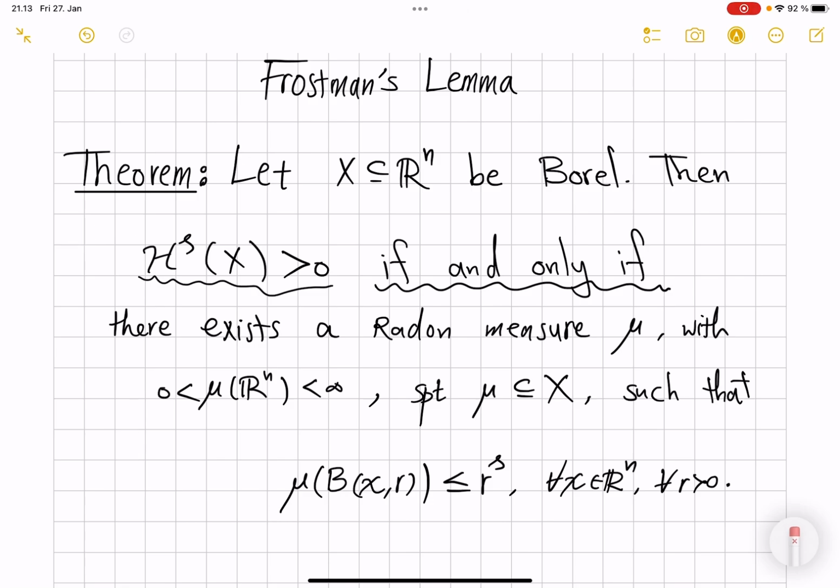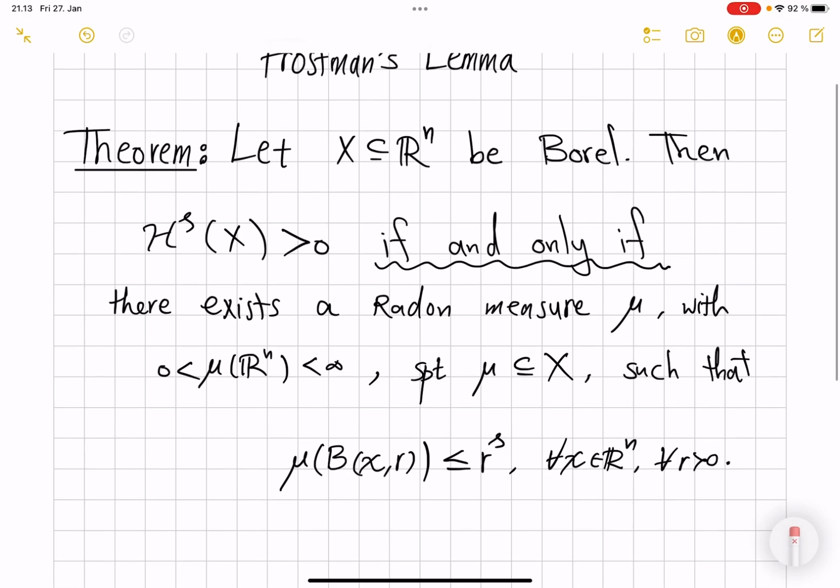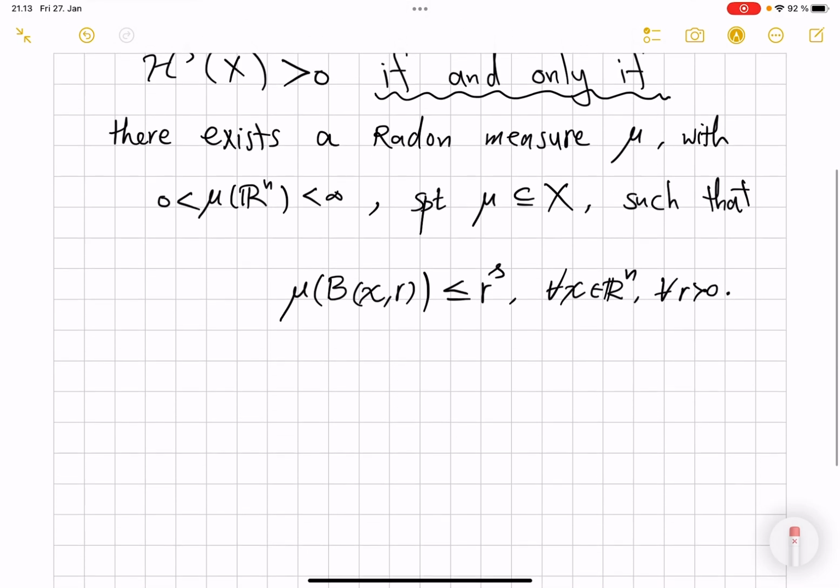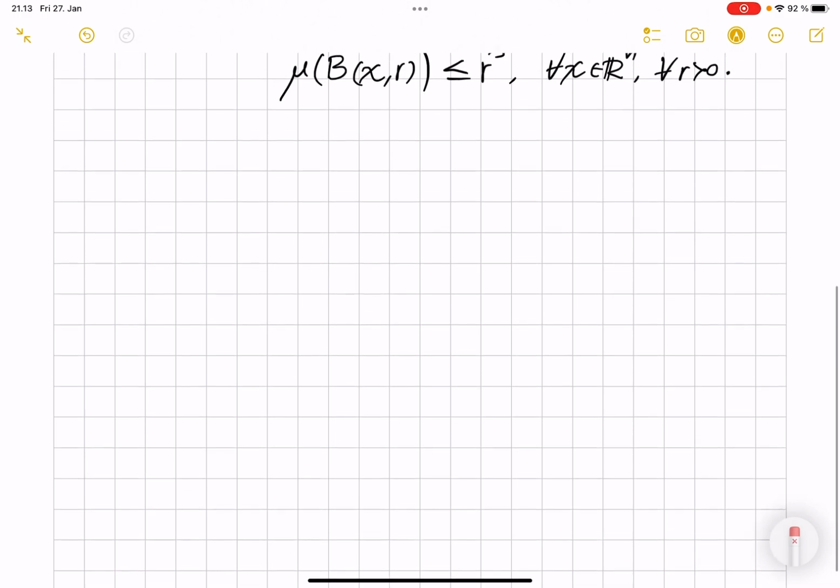Okay, so what is the application of Frostman's lemma, this theorem that I meant for today?